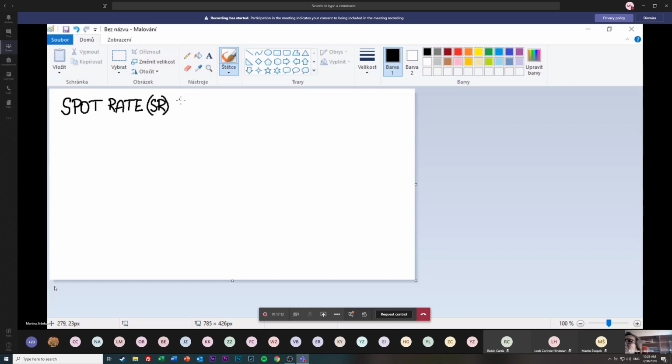So the contract is concluded today, but we will exchange the currencies after some time. That means I will tell you, today is the 30th of March. Let's do the currency contract as a forward trade, and we will exchange the currencies after 30 days.